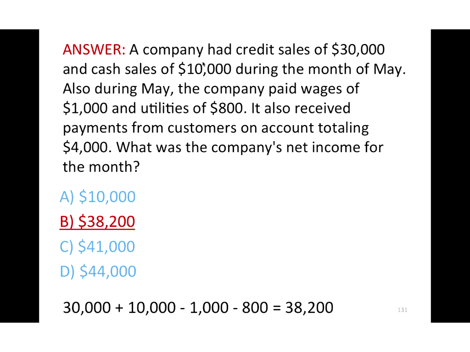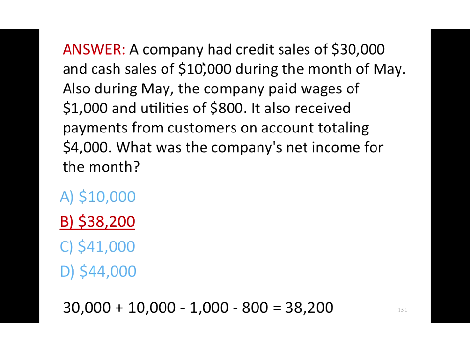During May, they paid wages of $1,000 and paid $800 out. They also received payments from customers on account totaling $4,000. When they're looking for net income, you add your revenues and subtract your expenses, but payments from customers on account impact accounts receivable, not net income. So the income is $38,200.